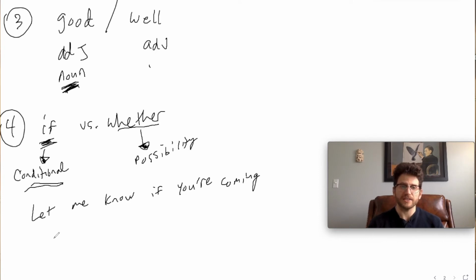So if I said instead, let me know whether you're coming, okay, what I mean there is I want to know whether you're coming to my party, yes or no. Okay, so I'm stressing to you the possibility or the alternatives.